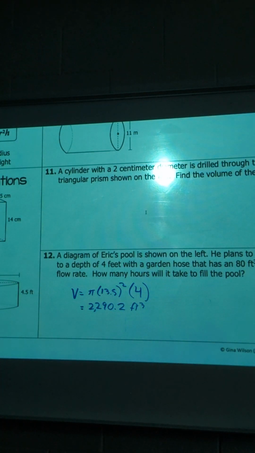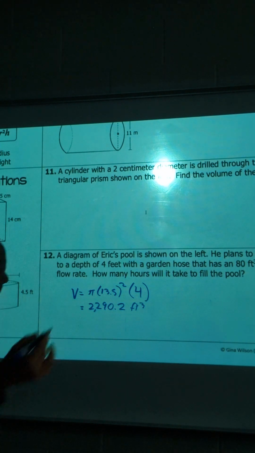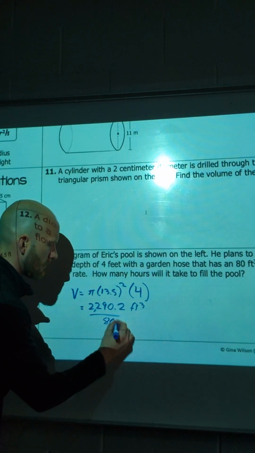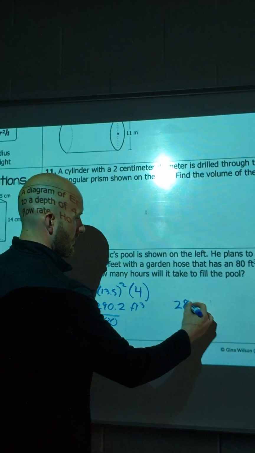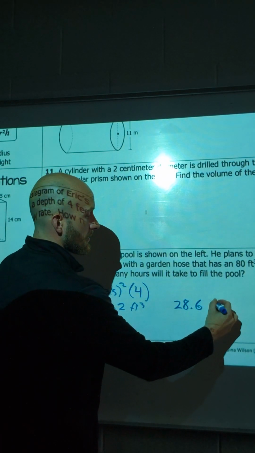So that's how much water it's going to take to fill up this pool. And now his garden hose has a flow rate of 80 cubic feet per hour. So you just divide that by 80. 28.6 hours.